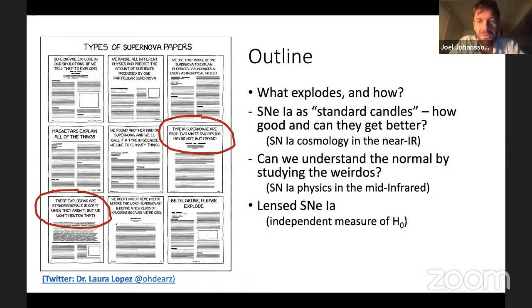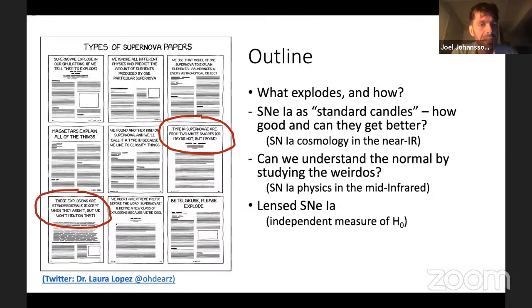So we'll start broadly, talking about thermonuclear supernovae or type Ia supernovae. What is it that explodes and how? And then what they're good for, what we can use them for as standard candles to measure distances in the universe.